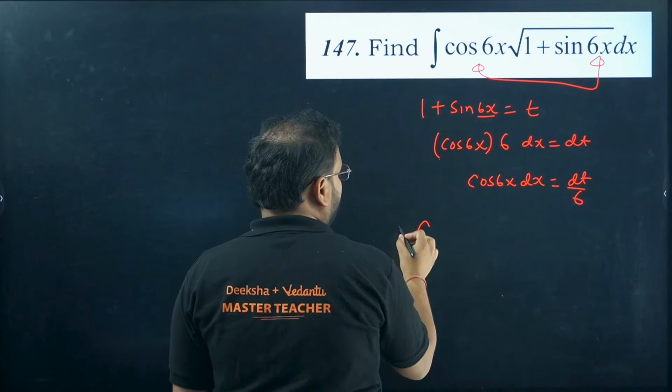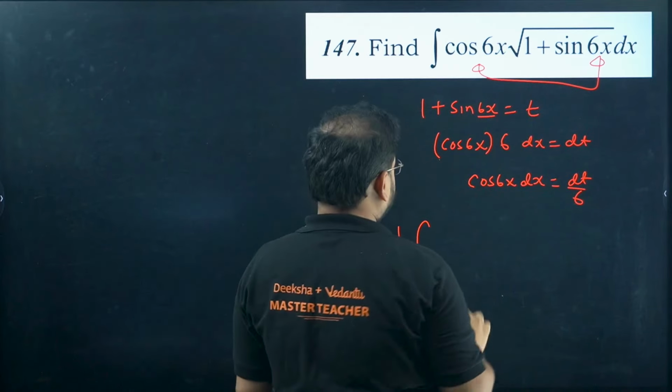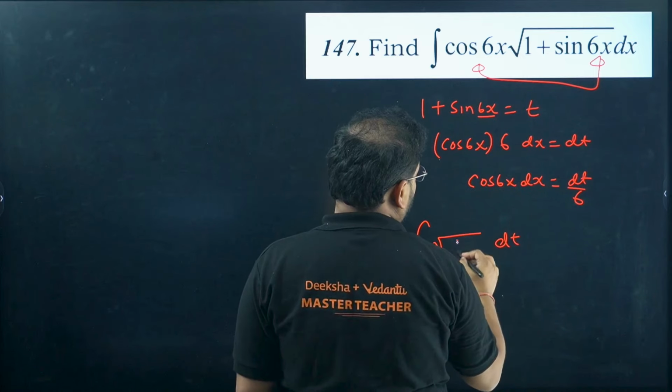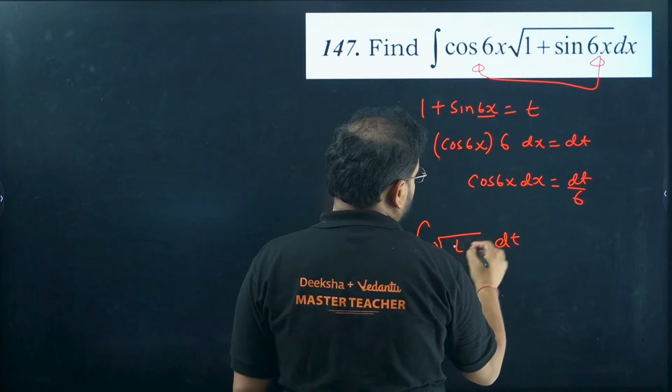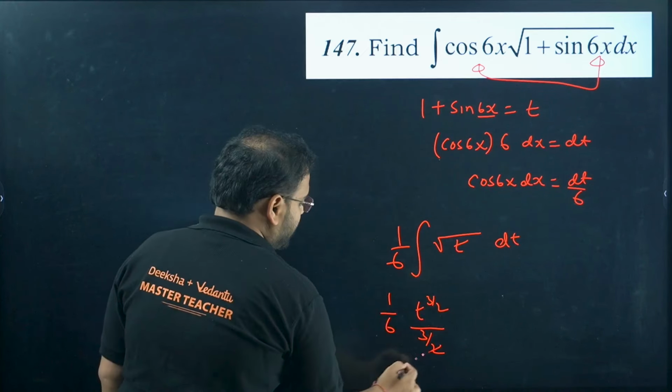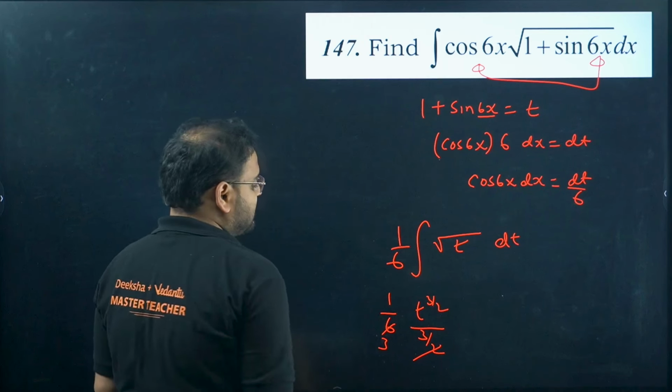You'll have 1 by 6 outside, dt over here, and you'll have this as root of t. Integrate this. So t power 3 by 2 by 3 by 2. I hope you can see that. 2 and 2 is cancelled. 2 and 6 is cancelled with 3.